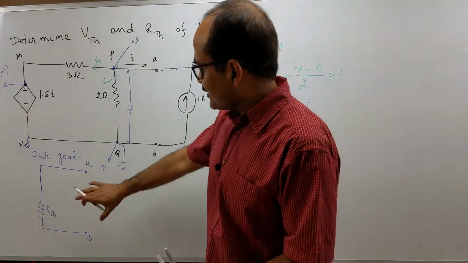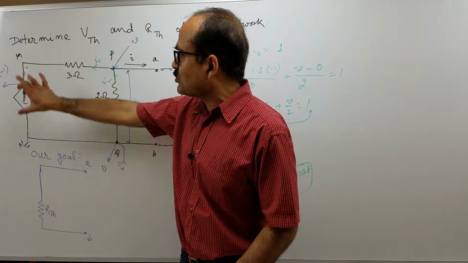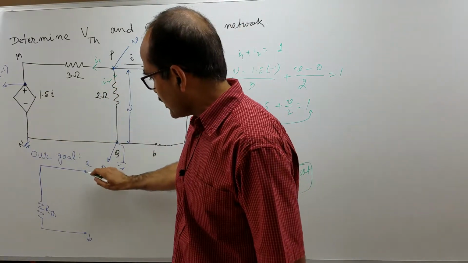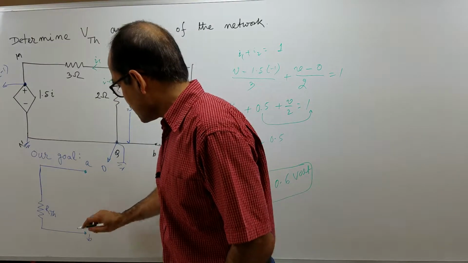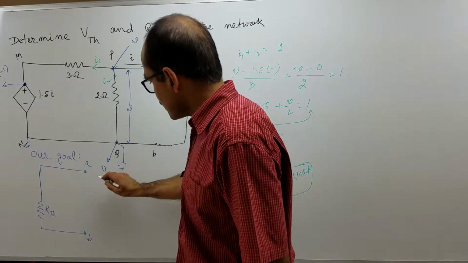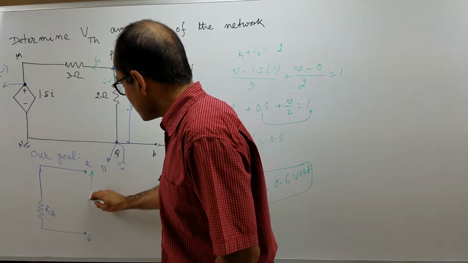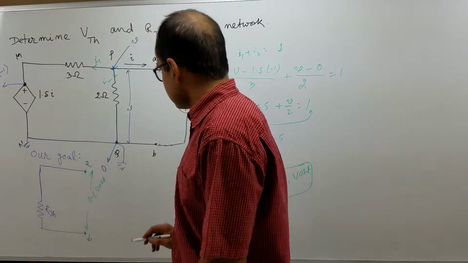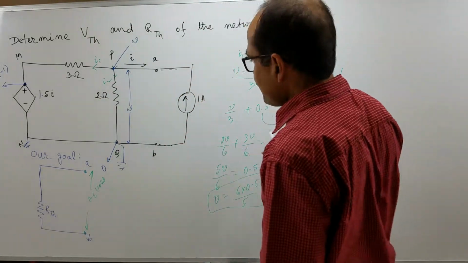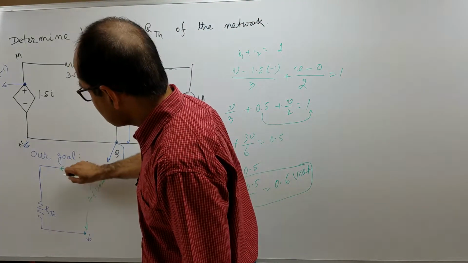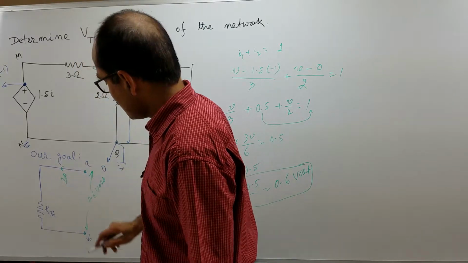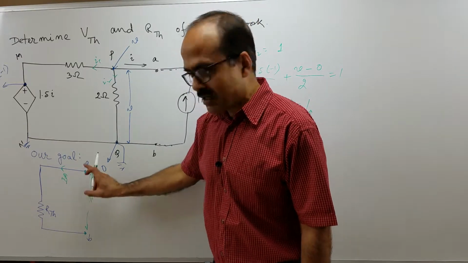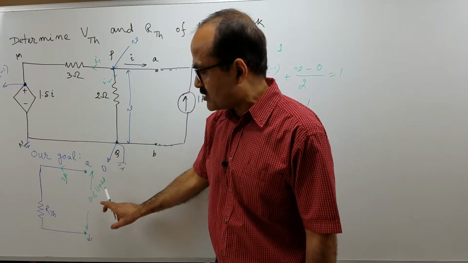Now, if we look at this circuit, which is equivalent to this one, the V, that is the potential difference between these 2 points, is 0.6 volt. So, this is 0.6 volt and a current of 1 ampere is flowing into this. So, when 1 ampere is sent to this circuit, the potential difference that is developed between A and B is 0.6 volts.